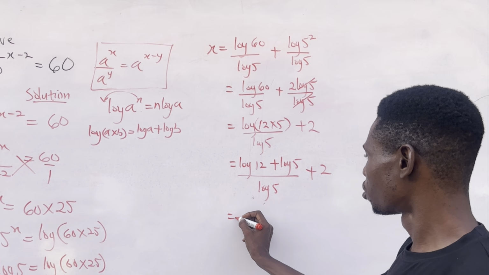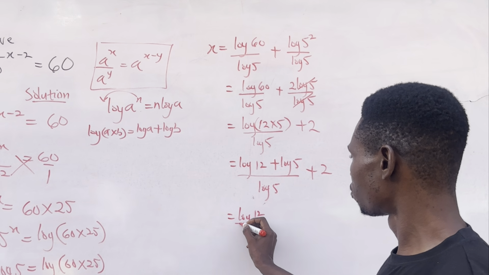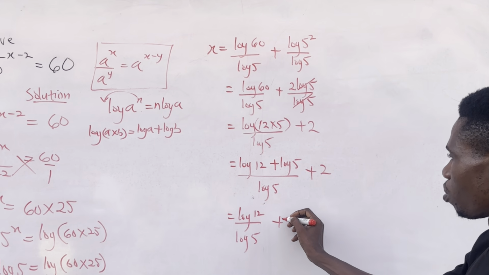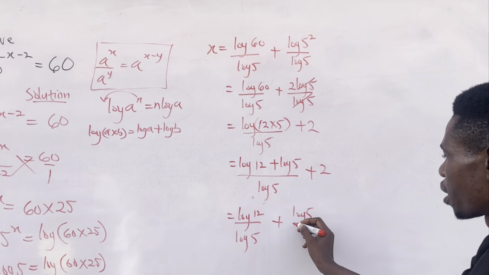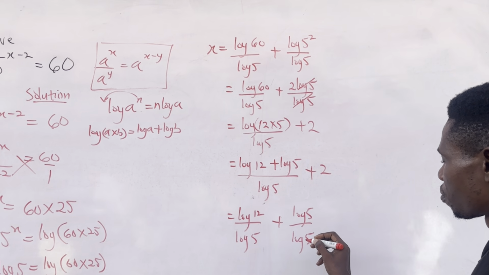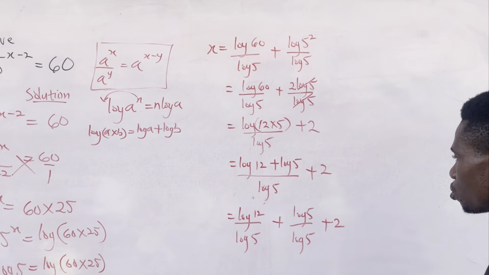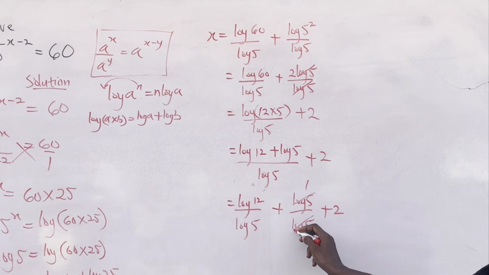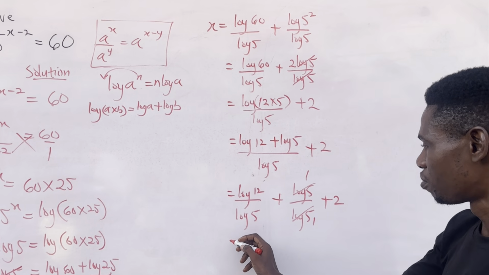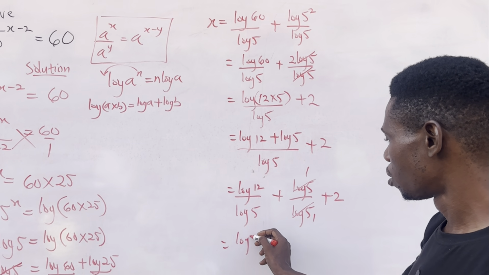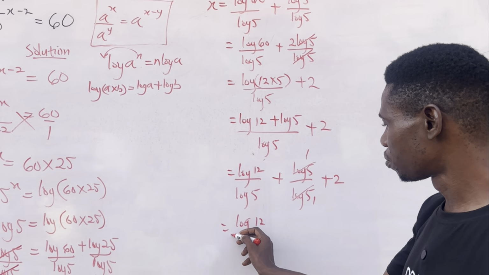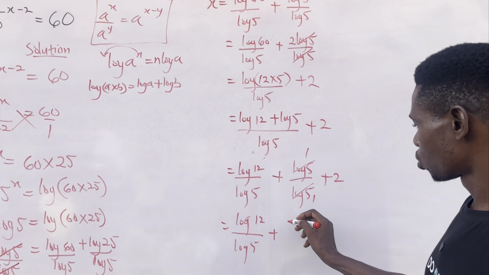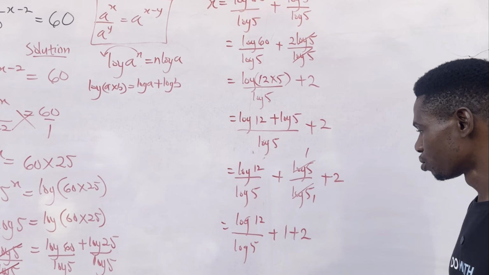So this will give us log 12 divided by log 5 plus log 5 divided by log 5 plus 2. Okay, so this here is 1, log 5 over log 5 is 1. So what we'll have left is log 12 divided by log 5 plus 1 plus 2.